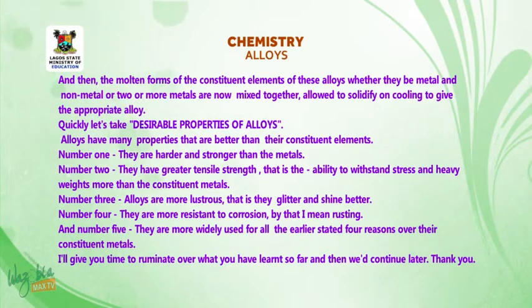Number 3, alloys are more lustrous, that is, they glitter and shine better. Number 4, they are more resistant to corrosion. By that, I mean rusting. And number 5, they are more widely used for all the earlier stated 4 reasons over their constituent metals.